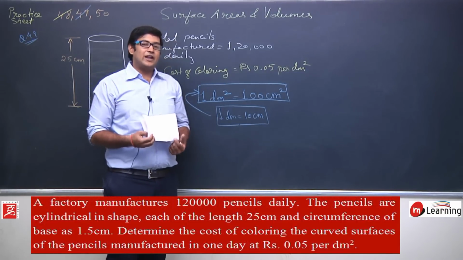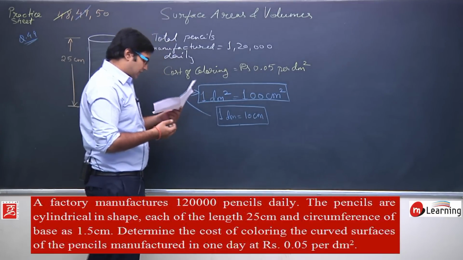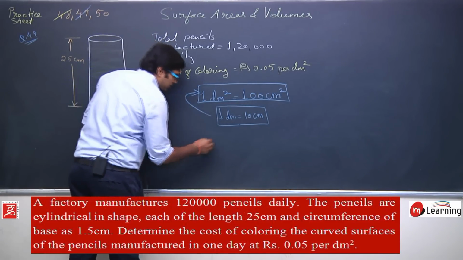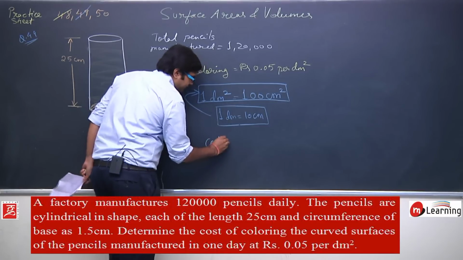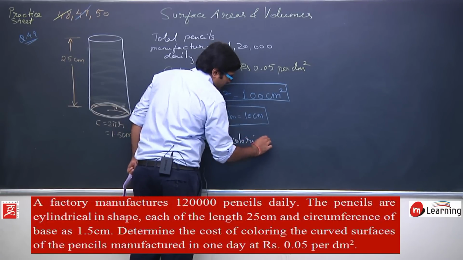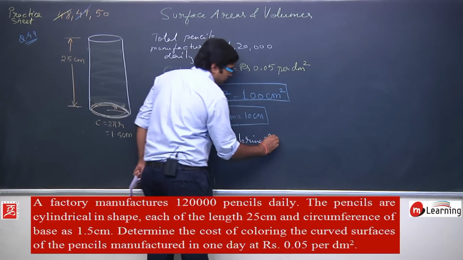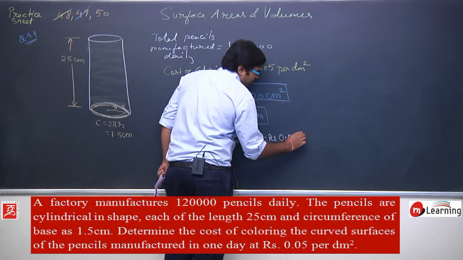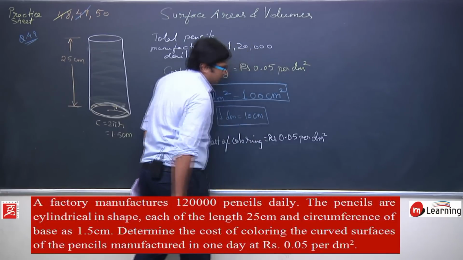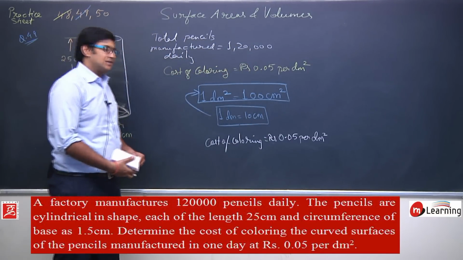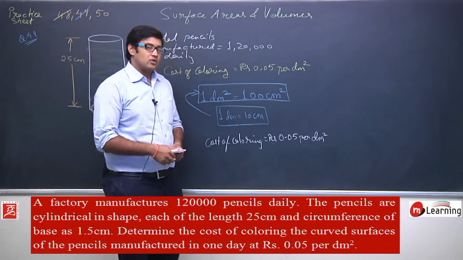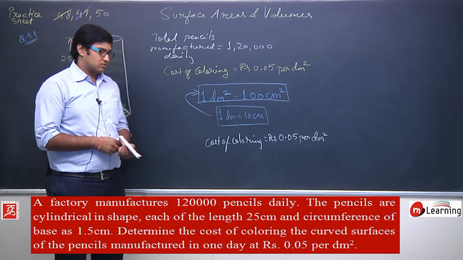So the cost of coloring is given as, cost of coloring is rupees 0.05 per decimeter square. So 0.05 per decimeter square is the cost at which I can color the pencils.